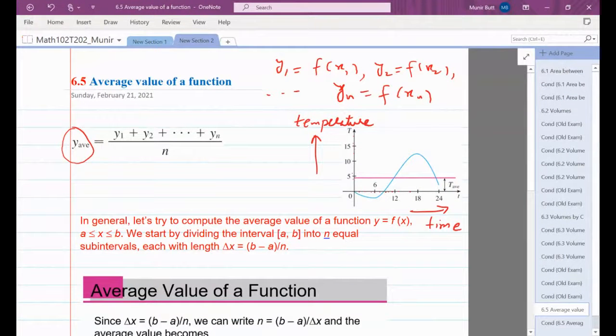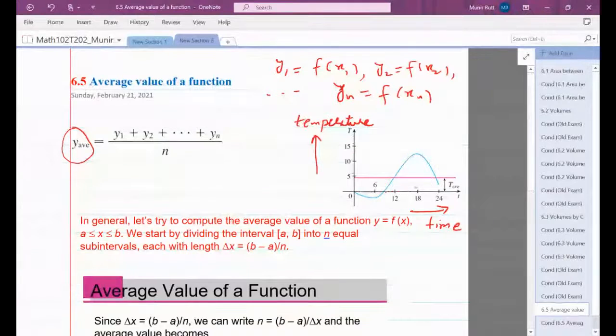Now the question is, what will be the average temperature of the day? You can see graphically that they put a line here in purple, I think. This line suggests that from 0 to 24 hours, the average temperature is a little bit below 5.